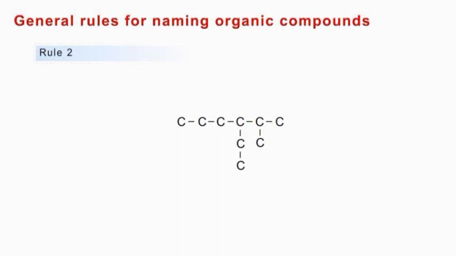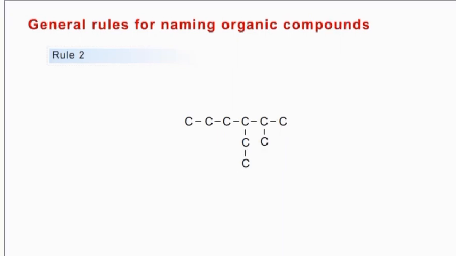Now take this example, this is about rule number 2, a general rule for naming organic compounds. If you take this carbon skeleton and number it, please write it down in the notebook. You have 2 longest possible carbon chains, and both the chains have 6 carbon atoms present.